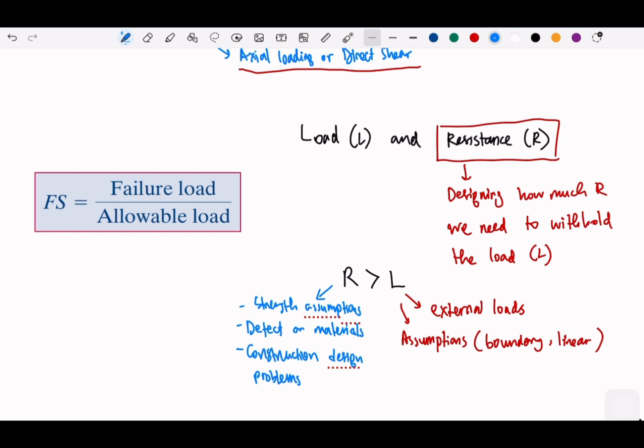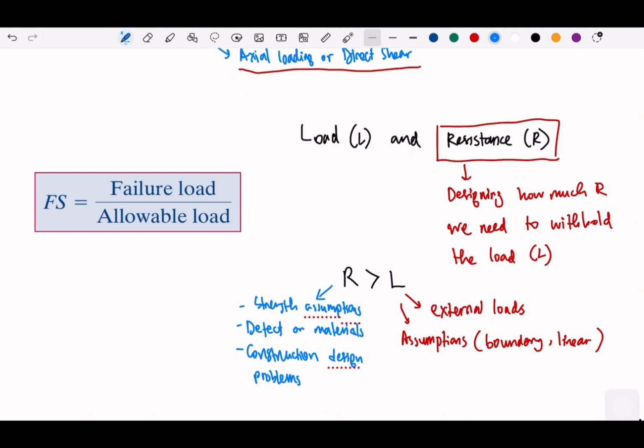So we use this: the failure load divided by the allowable load. In practice for our course, if you see a question requiring you to find the safety factor, it means you just need to multiply, and that will be your safety factor.